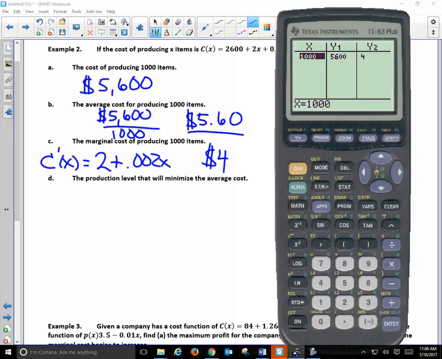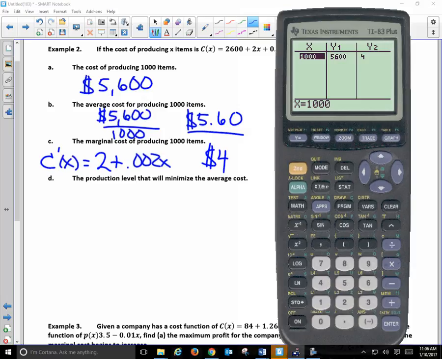Yeah, the cost of producing the 1,001st item will be $4. So it doesn't mean the cost of producing 1,000 items is 5,600, but it looks like we weren't quite as efficient early on. Maybe it cost us $10, $8. But now we're at $4, so it's starting to average out better for us.